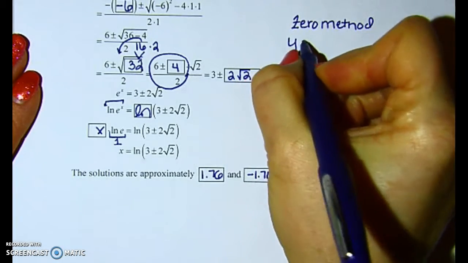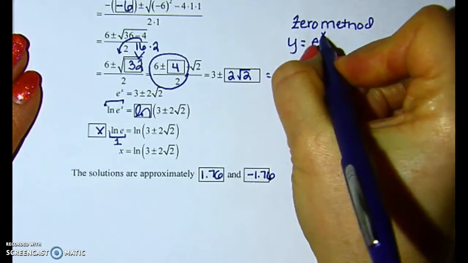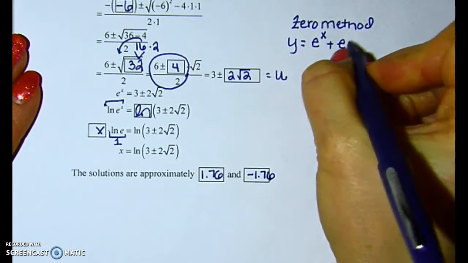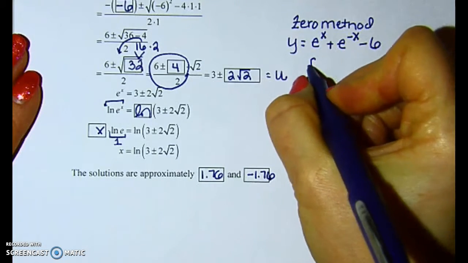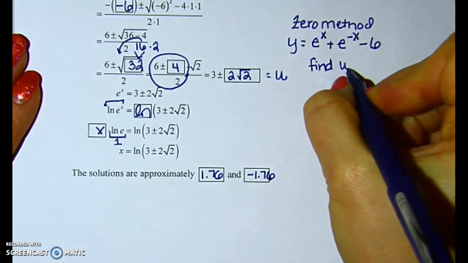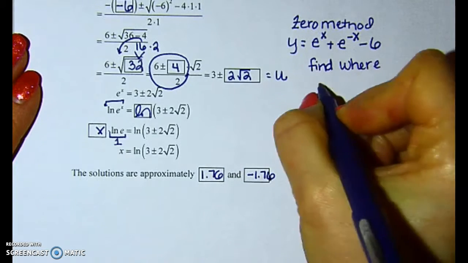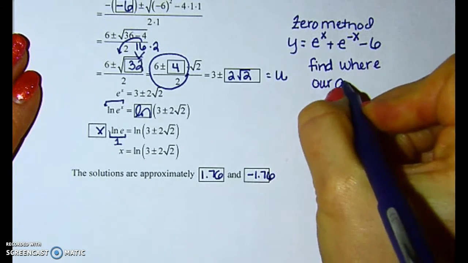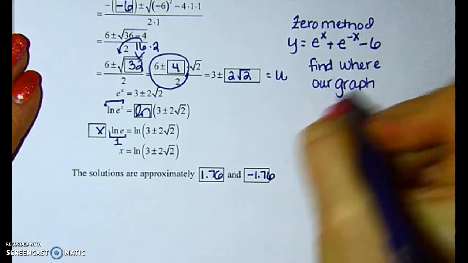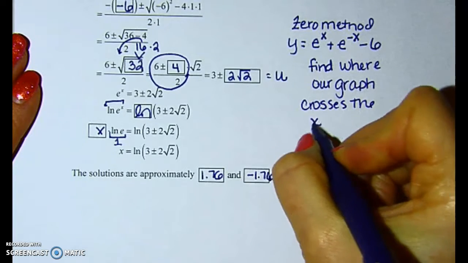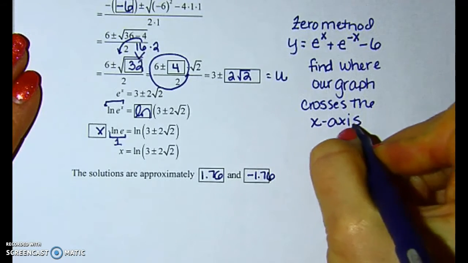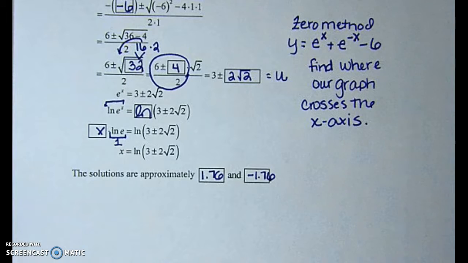By saying y is equal to e to the power of x plus e to the power of negative x minus 6, and find where our graph crosses the x-axis, where the zeros are located. And we would see that they would cross the x-axis at 2 locations.